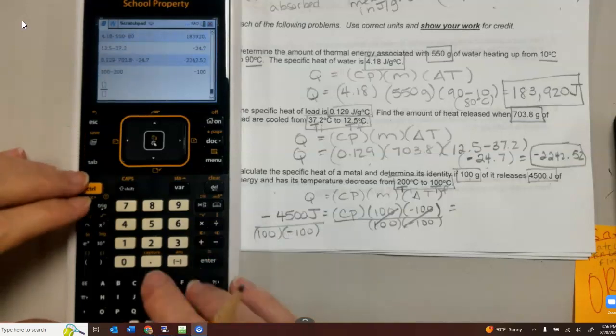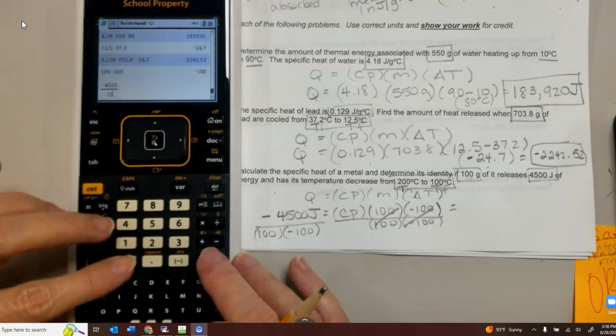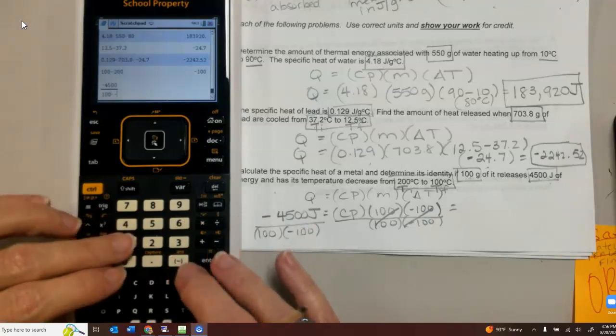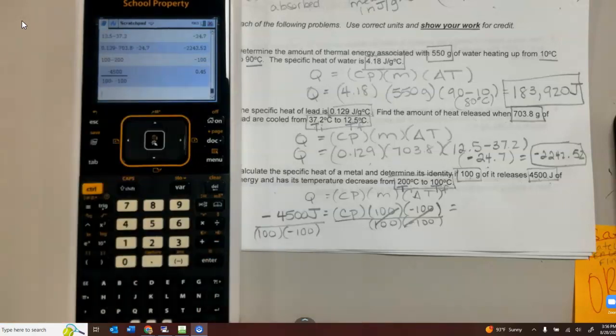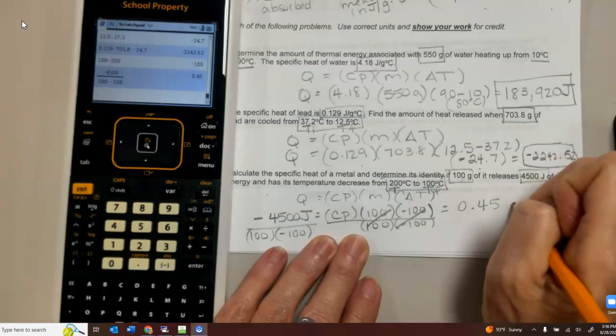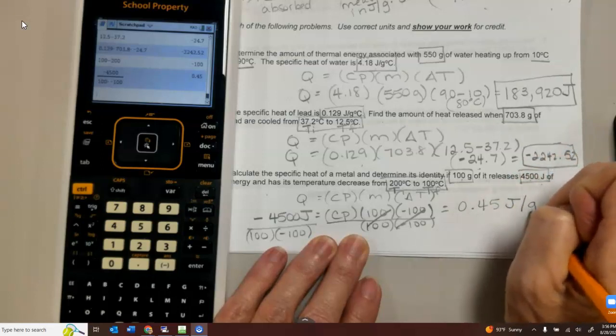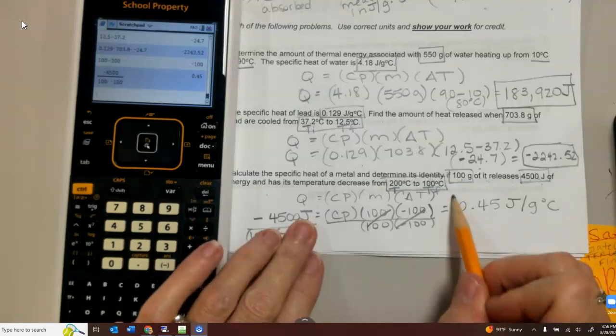Control divide, negative 4,500 on the top. On the bottom, I've got 100 times negative 100. All right, control enter. There's my answer. So my specific heat is 45 joules per gram degrees Celsius. Okay, that is my answer.